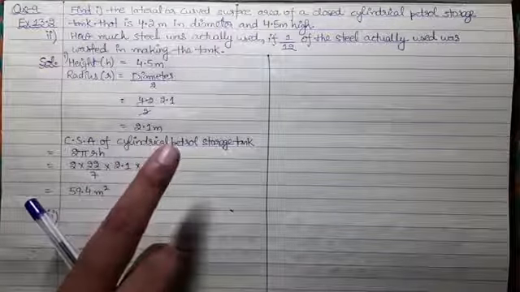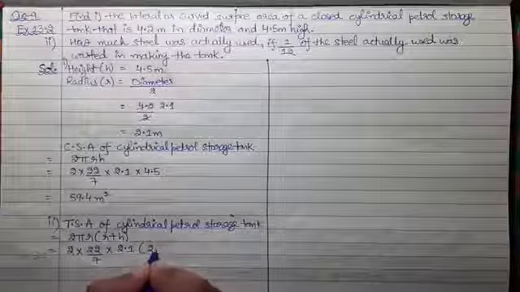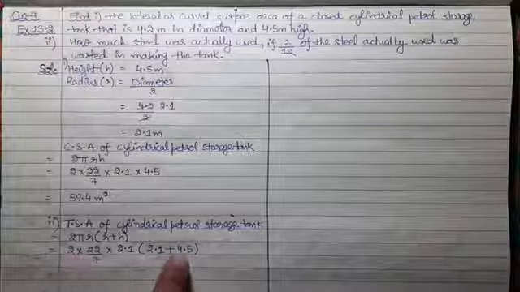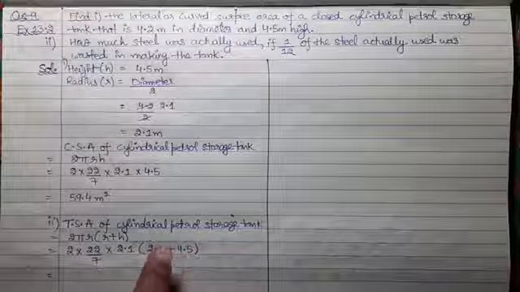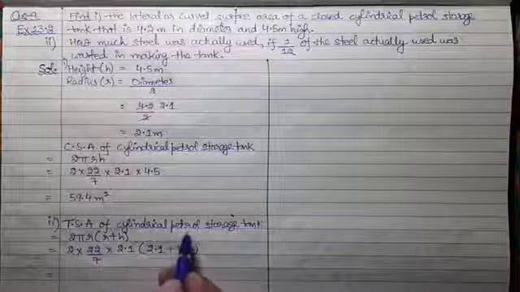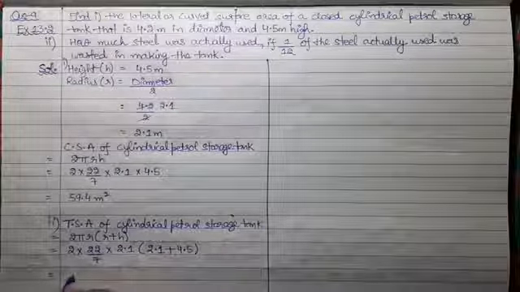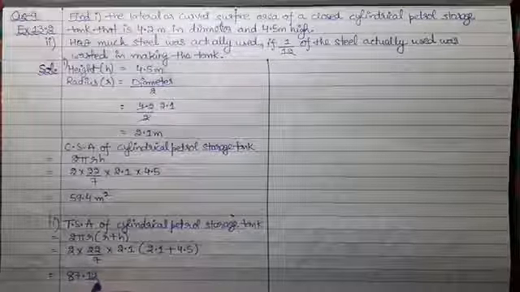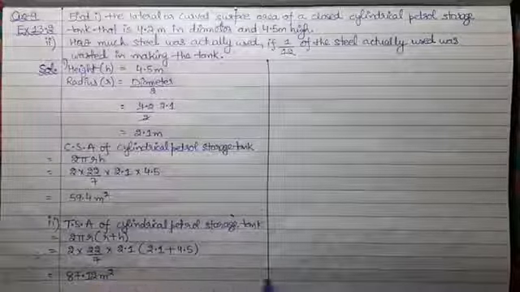Substituting the value of pi, r is 2.1 bracket 2.1 plus the value of h, which is 4.5. When we solve this, we get total surface area of cylindrical petrol storage tank 87.12 meter square.